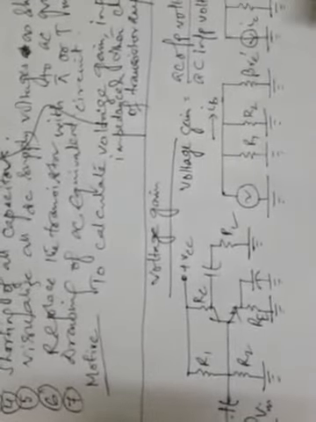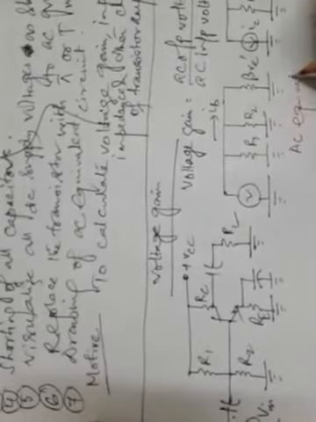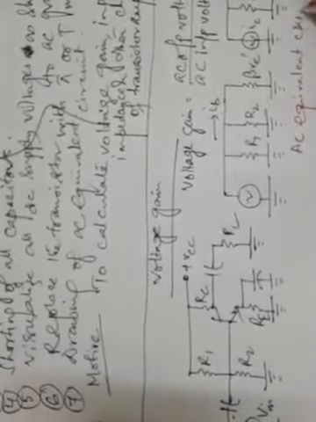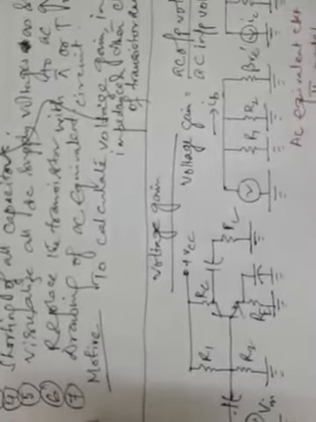So this is the AC equivalent circuit. We need to find the voltage gain from here. Obviously you can understand that this is the pi model and you know how to draw it. This is the voltage source V in applied in parallel. There are two resistances R1, R2.